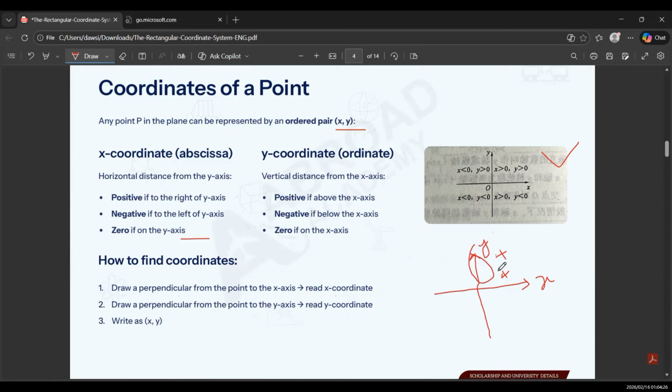So in the first quadrant all values of both coordinates will be positive. Here the x value will be negative and y positive. And here the value for x will be minus and for y will be minus, that means all values will be negative. And here x is positive and y is negative.